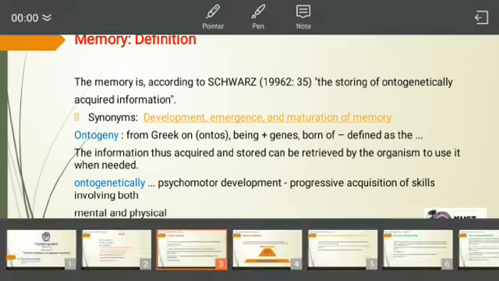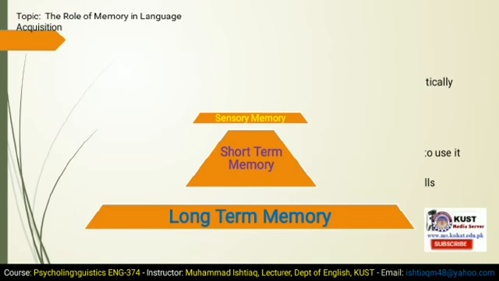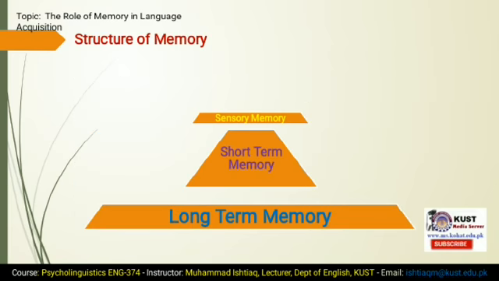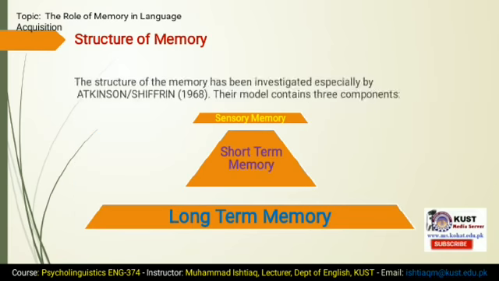Coming to the next slide, the structure of memory. The structure of memory has been investigated especially by Atkinson and Shiffrin in 1968. Their model contains three components: sensory memory, short-term memory, and long-term memory, as can be seen in the slide.